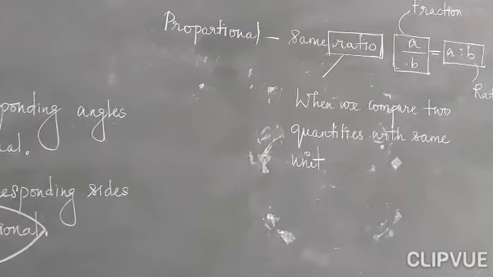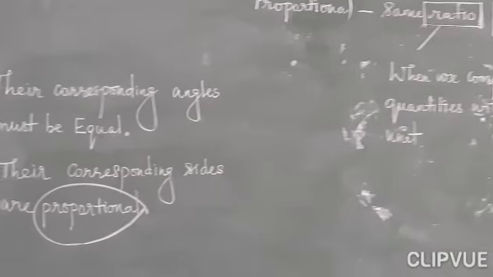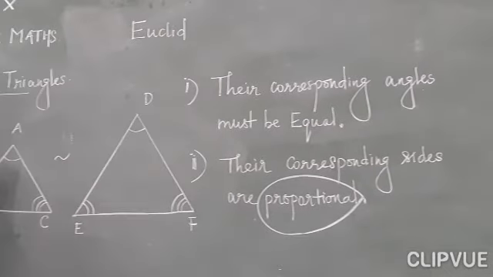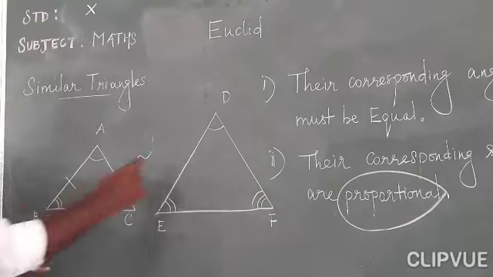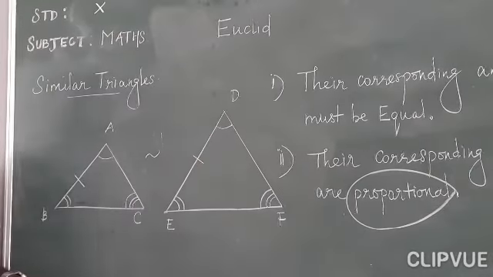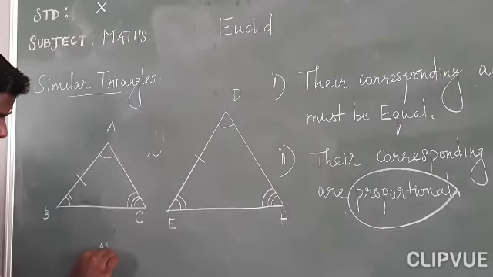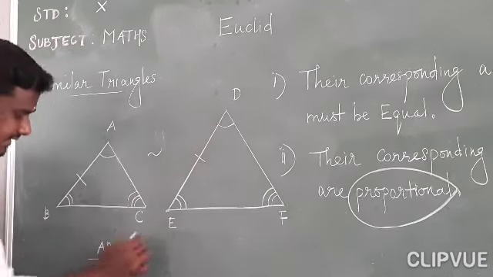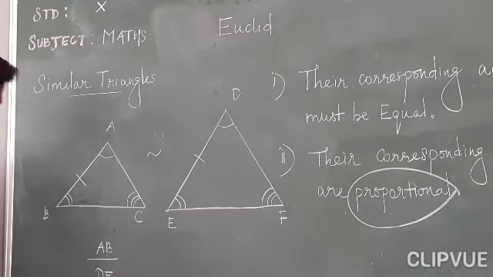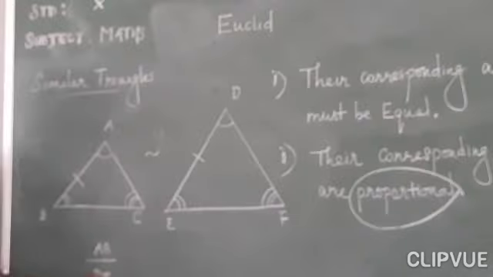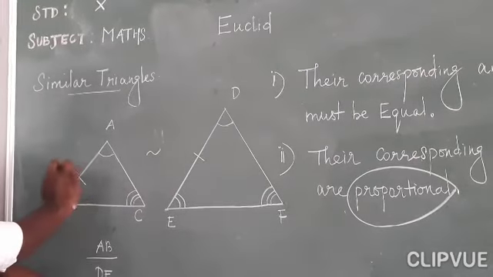Okay, so now I am going to show you the corresponding sides. This AB corresponds to this DE, so AB by DE is the ratio of the first side.